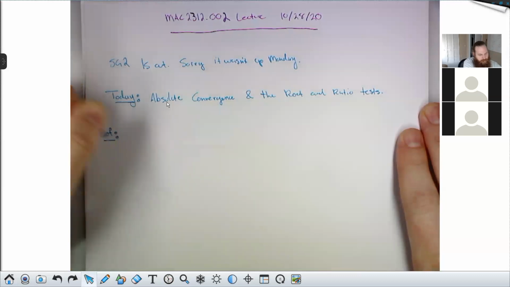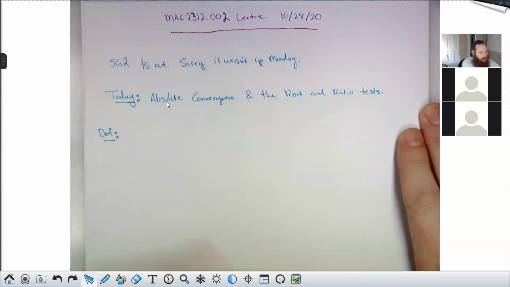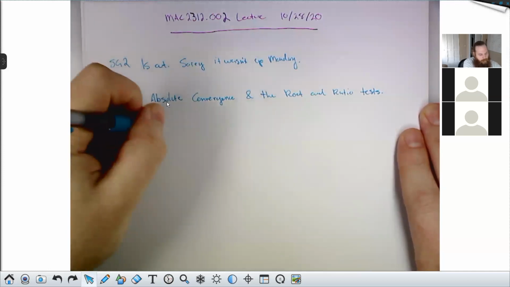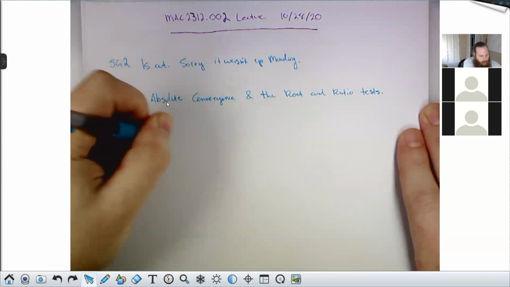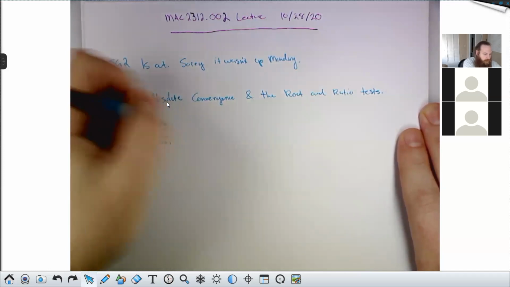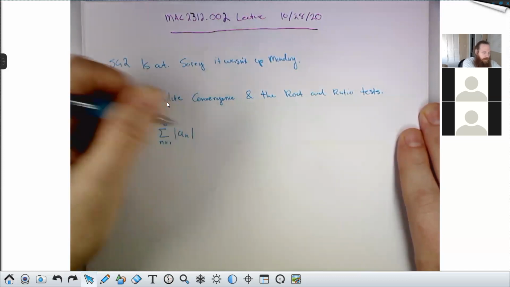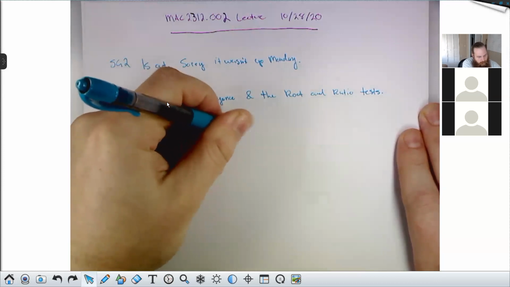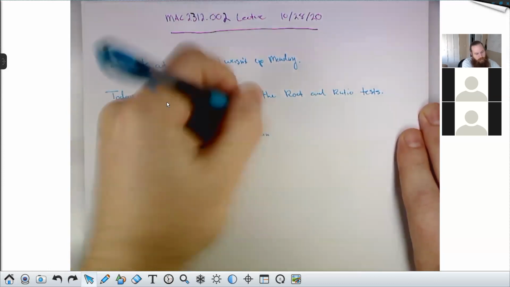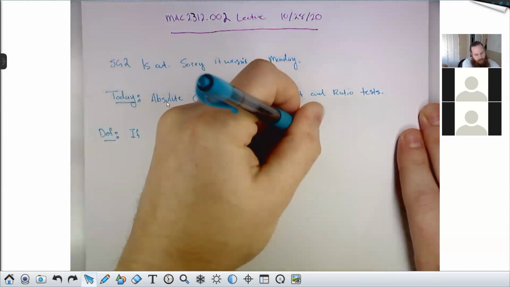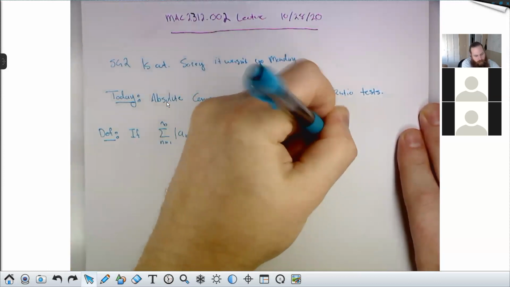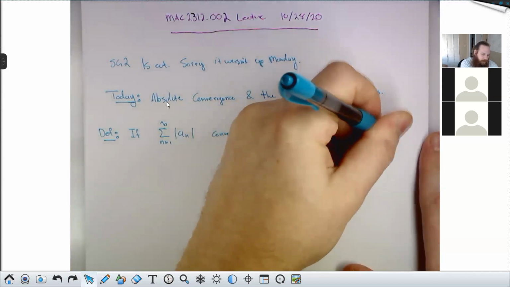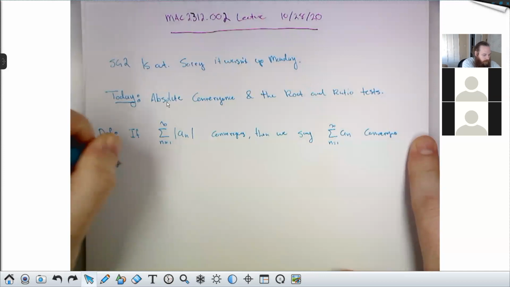Before I can tell you about those tests, I have to tell you what these words mean. So if the sum over n from 1, or 0, or wherever, to infinity of the absolute value of a_n converges, then we say that the regular series without absolute values converges absolutely.